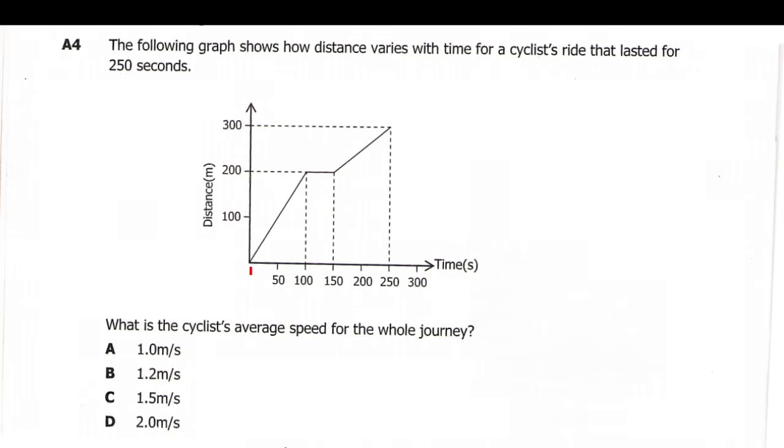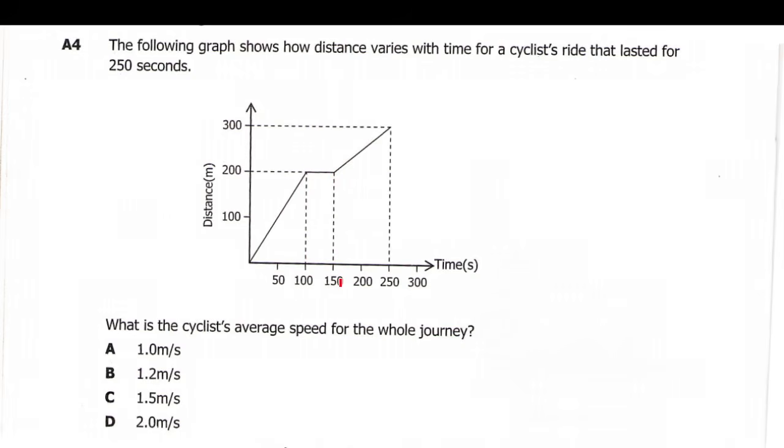So let's analyze the graph. From 0, distance was changing with time, meaning the object was moving. Then at this point, the graph is horizontal, which means distance wasn't increasing while time was still moving. So here the cyclist was stationary.